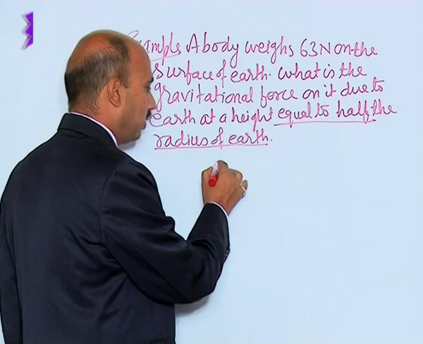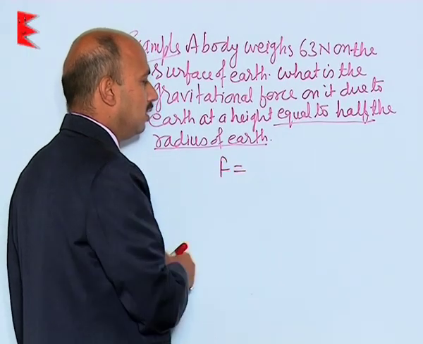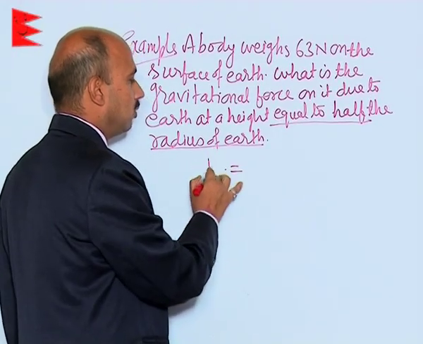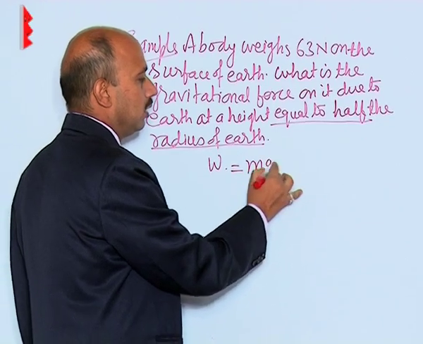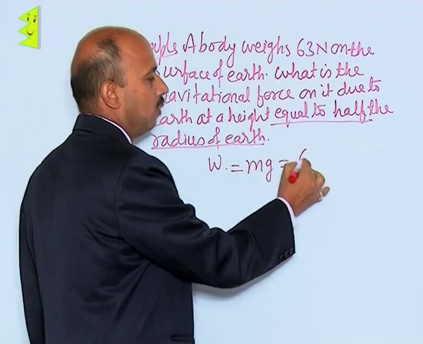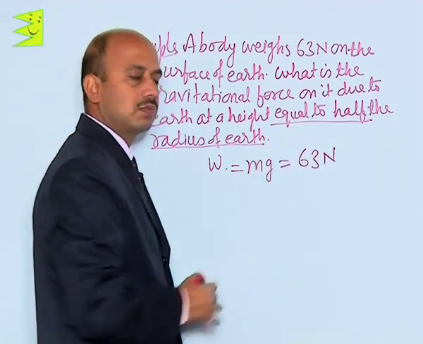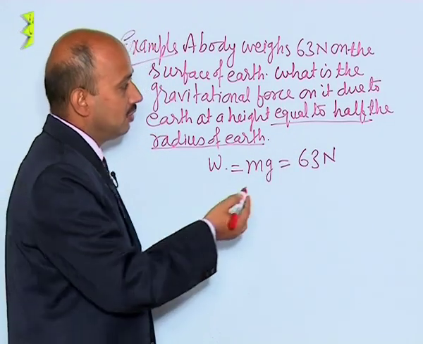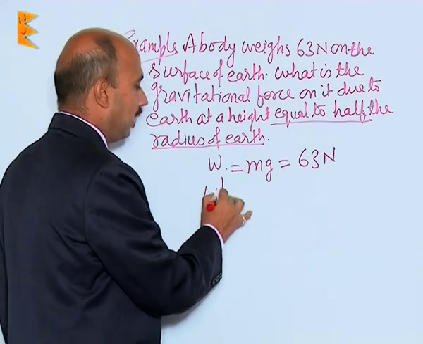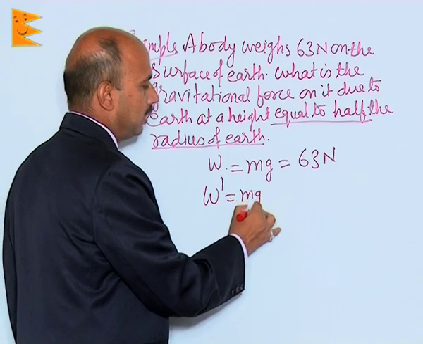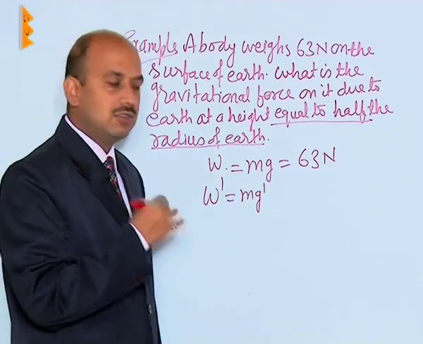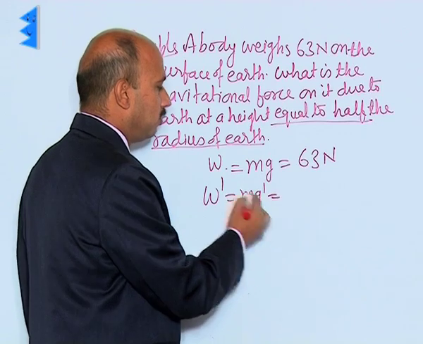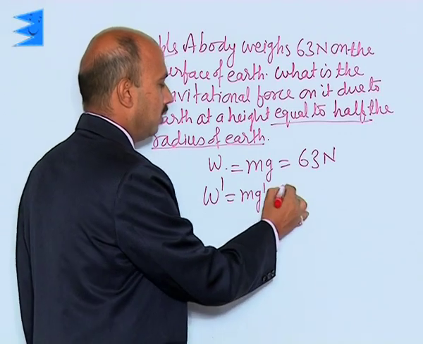On the surface of the earth, the weight of the body is W equal to mg, which is 63 Newton. And at height h, we can write W dash is equal to mg dash, because g is changing with the height. In place of this g dash, we can write here m.